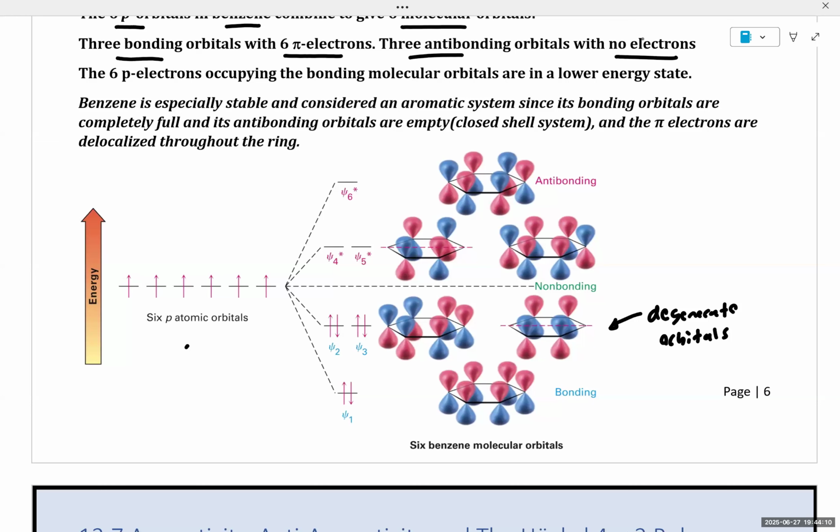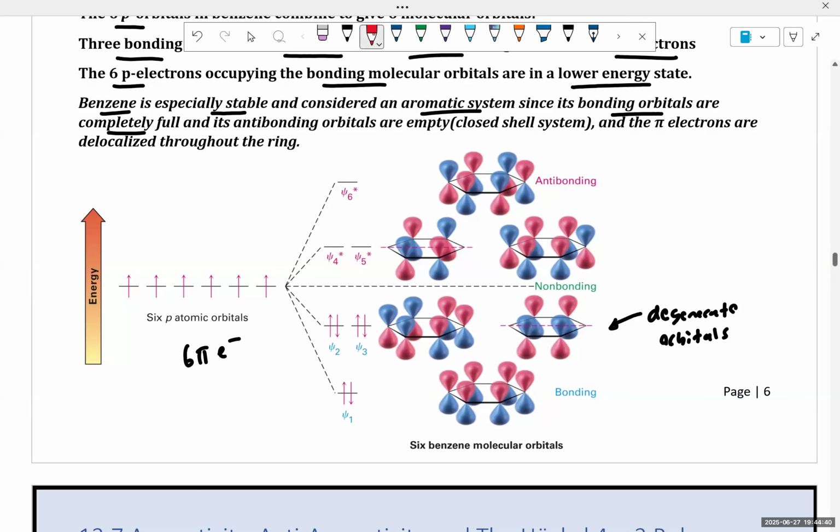Now, because benzene specifically has 6 pi electrons, these 6 pi electrons end up occupying these bonding molecular orbitals in a lower energy state compared to if these electrons were just in isolated p orbitals or even isolated pi bonds. Benzene is especially stable and considered an aromatic system since its bonding orbitals are completely full and its antibonding orbitals are empty. This is known as a closed shell system.